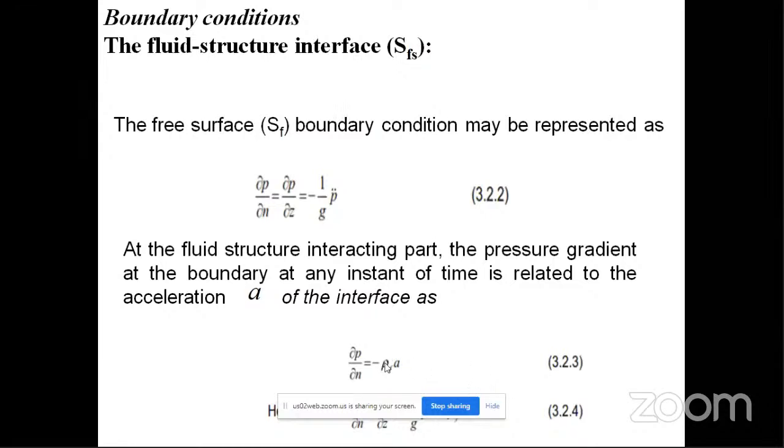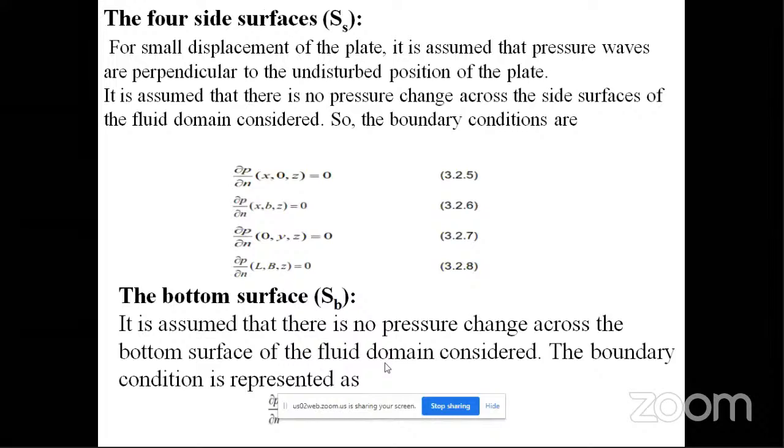So then, let us say the fluid domain you consider. Go to that third slide, where below the platform is the fluid up to the ocean bed. Then all four sides of the fluid domain that I consider, there is no variation of pressure along the boundary.